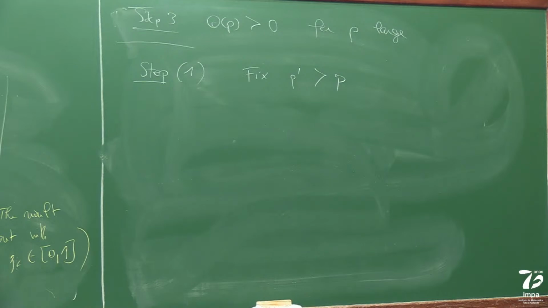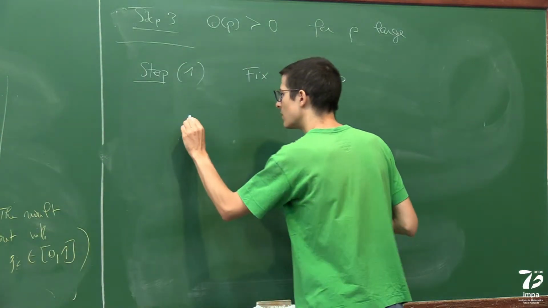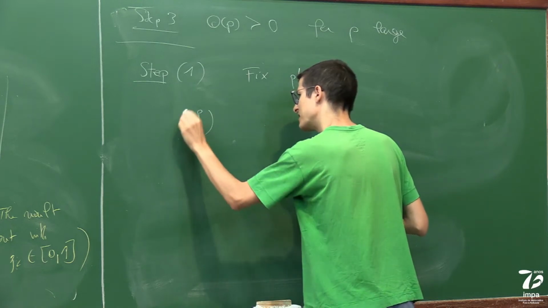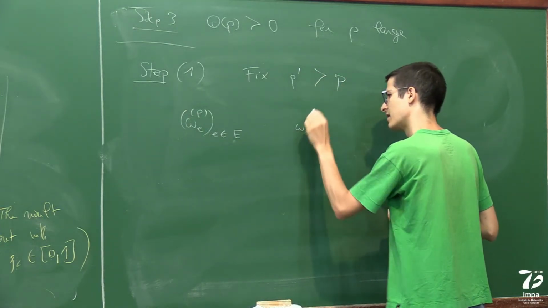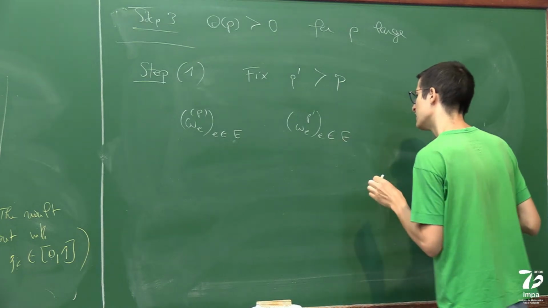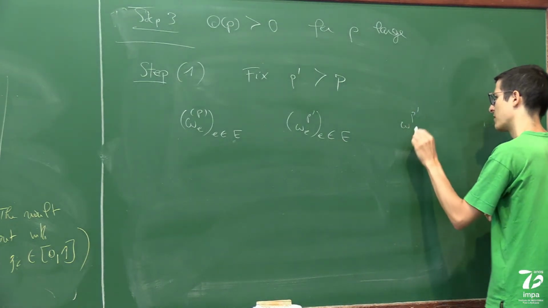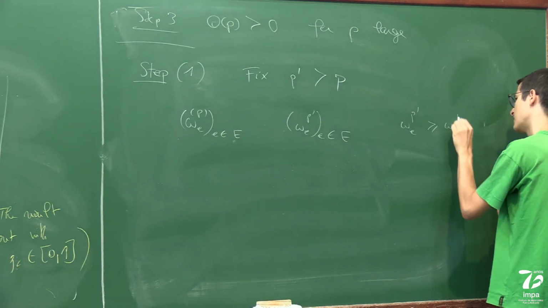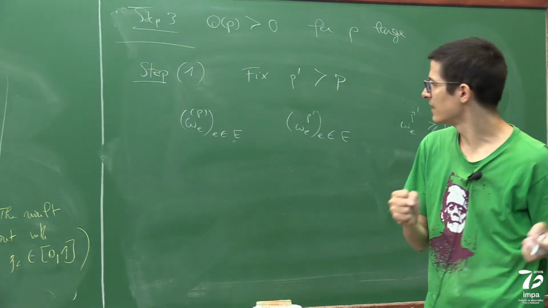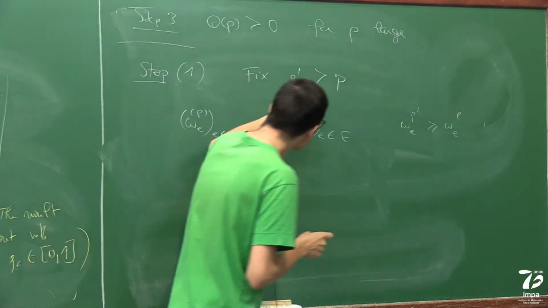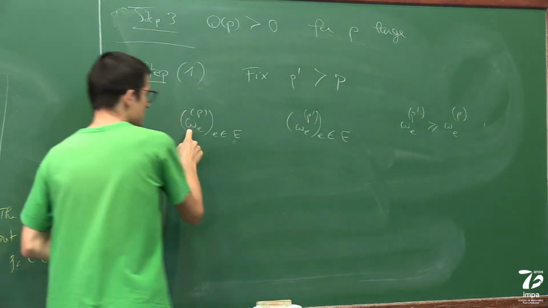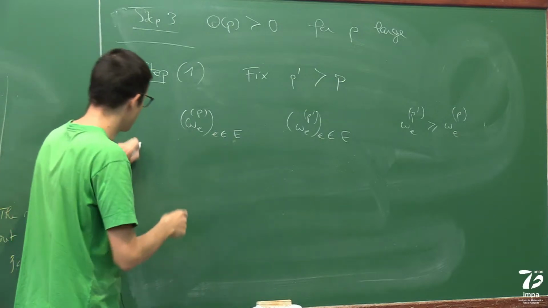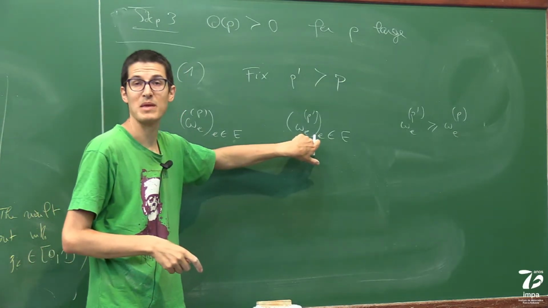Okay, that I'm going to construct omega p, omega p(e) for e in E, and omega p prime(e) for e in E, such that omega p prime(e) is larger than omega p(e) for every e, and such that this thing is distributed like P_p, and this thing is distributed like P_p prime.